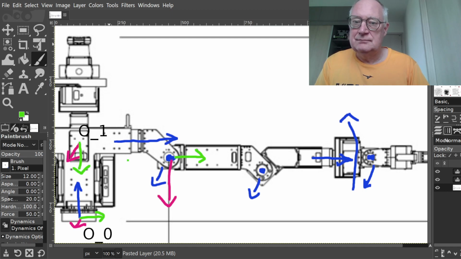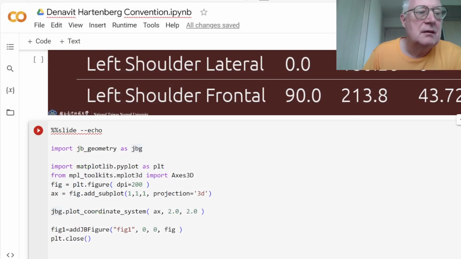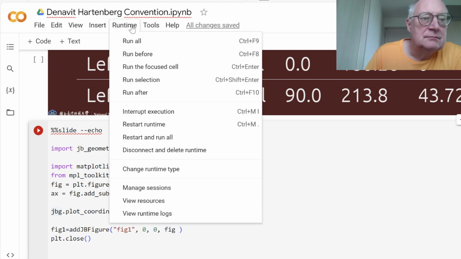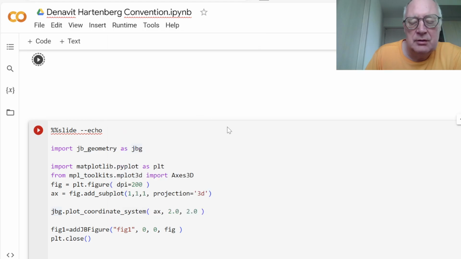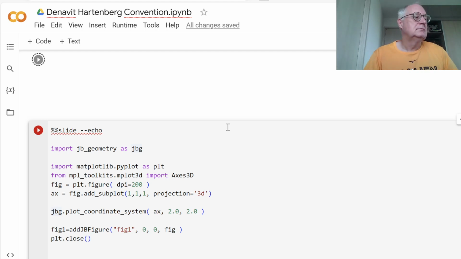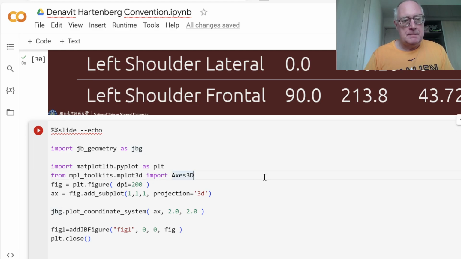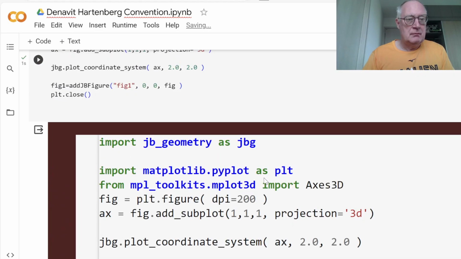Restart. And run before. Make sure that all still works. Okay.